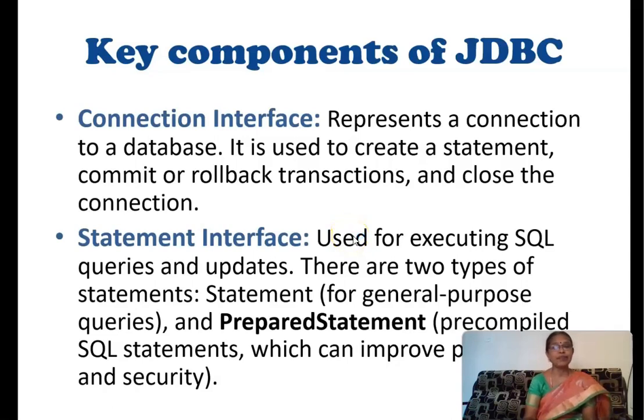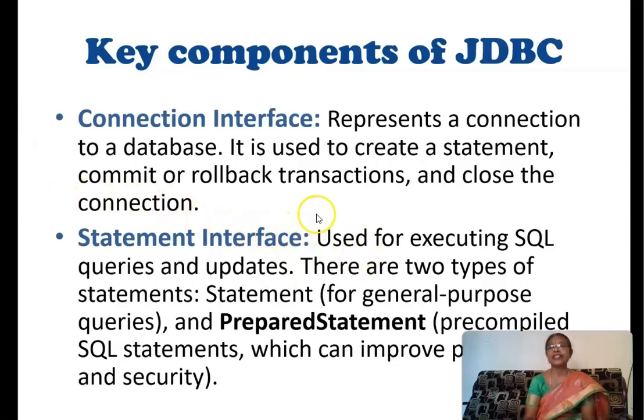Connection interface has many methods. It is used to create a statement. It is used to commit and roll back transactions in a database. And we have a method to close the connection. So connection establishes the direct connection to the database which is under use.